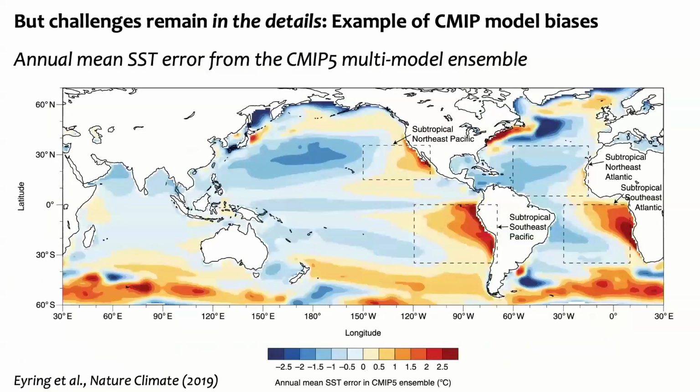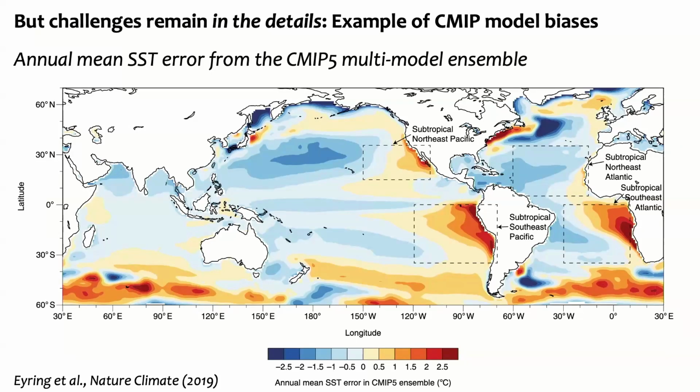But of course, problems remain with these models, and this is an example of something that was talked about earlier today, that one should look at with a level of suspicion, depending on what one does with it. This is a multi-model ensemble mean. So exactly the question: can we average different types of models that have their respective structural model errors?